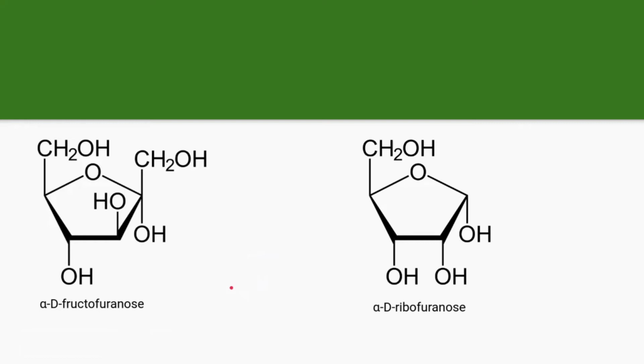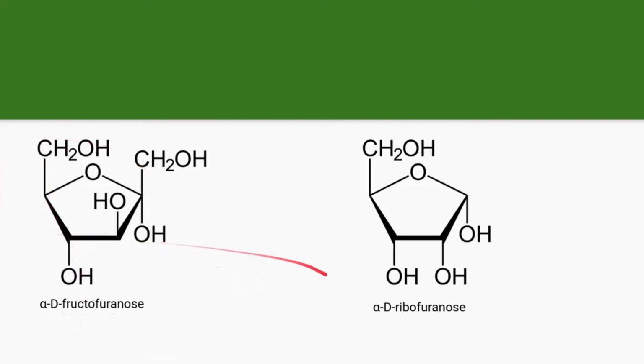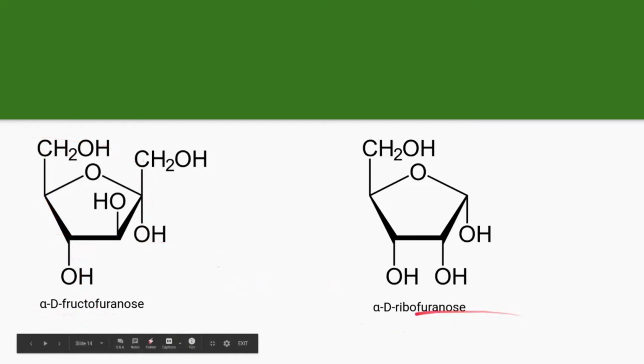I can see it. Okay. So basically, fructofuranose was fructose, D-fructose, because you have 1, 2, 3, 4, 5, 6 carbons here. And then you have ribofuranose, which is basically 5 carbons.